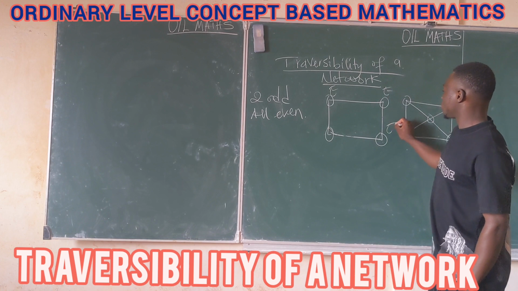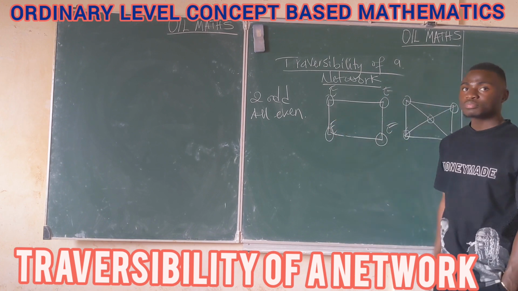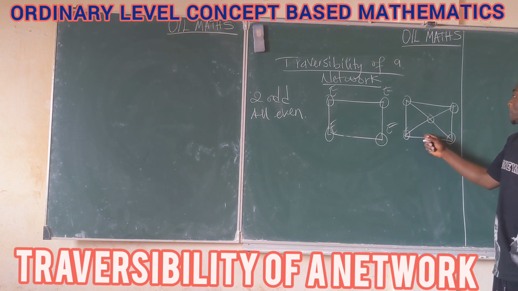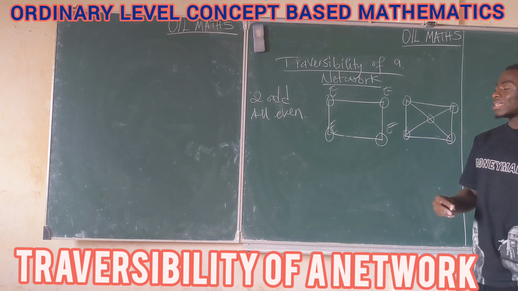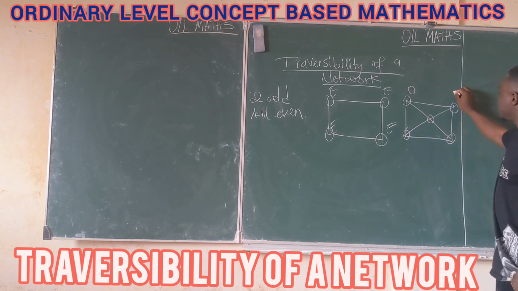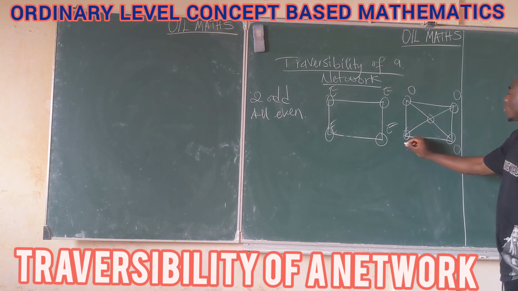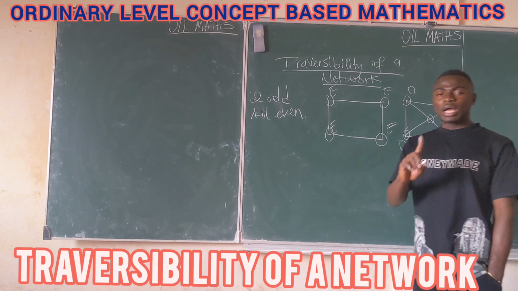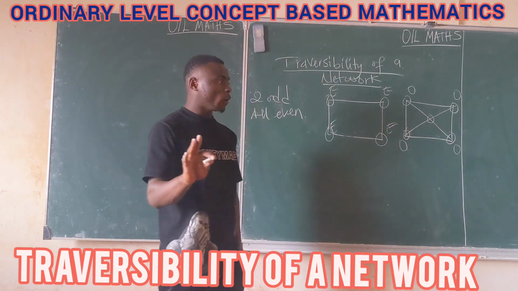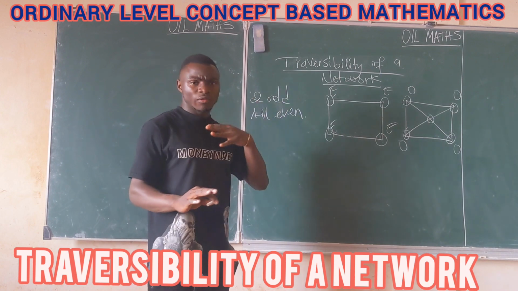Even nodes. But this network is not traversable because it has more than 2 odd nodes. This is the first odd node, the second odd node, the third odd node, the fourth odd node. When a network has more than 2 odd nodes, it is non-traversable. Okay? So this is the concept of traversability of a network.